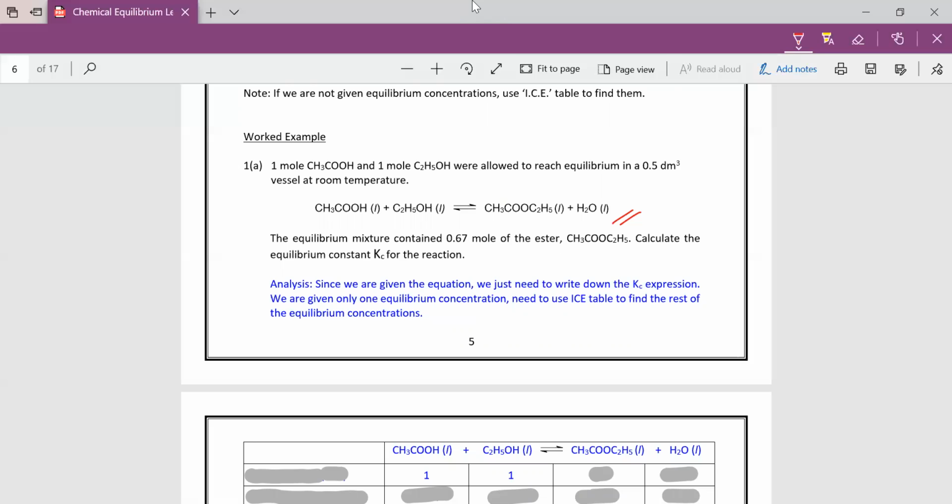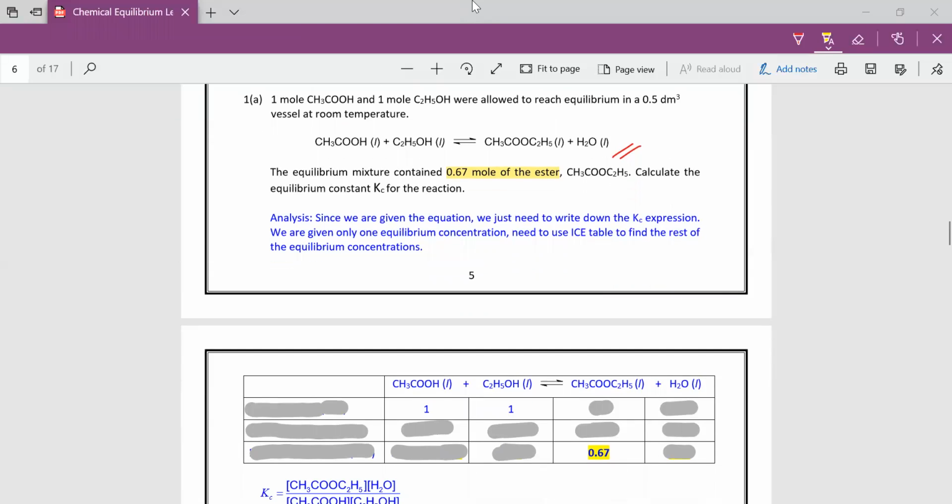They have also told us the mixture contains 0.67 mole of the product ester, and they want us to calculate the equilibrium constant Kc for the reaction. Since the equation has been given, we start from step 2, which is to write down the Kc expression. Since we are only given one equilibrium amount, we will need to use the ICE table to find the rest.